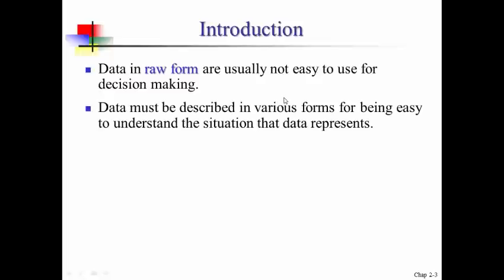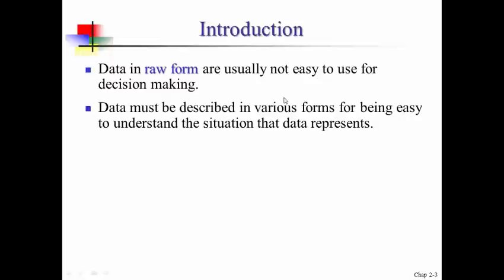Data must be described in various forms for being easy to understand, and easy to understand the situation that data represents, that data wants to tell us. Because when talking about data, data is raw form.